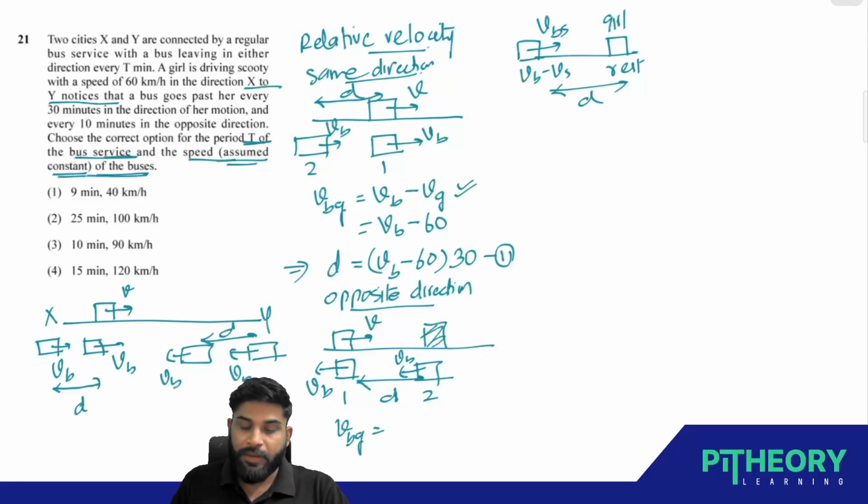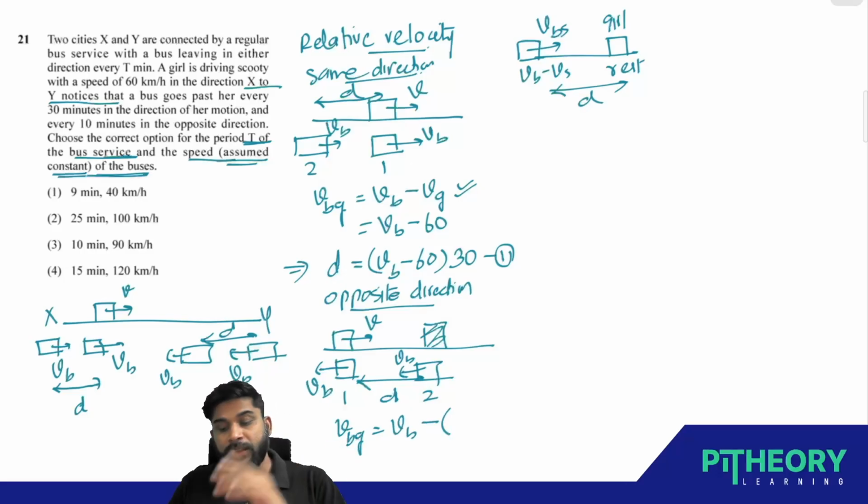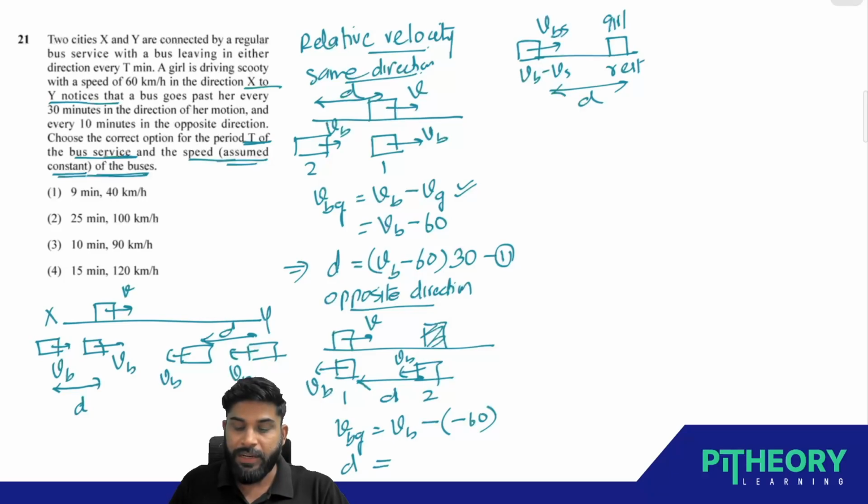In the second case, what will it be? Since the girl is going in the opposite direction, I have to take it as VB minus minus 60. So D is equal to what? The relative velocity now becomes VB plus 60, into the time. After what time do they meet? It is given as 10 minutes, right? So the second relation we have also got here.